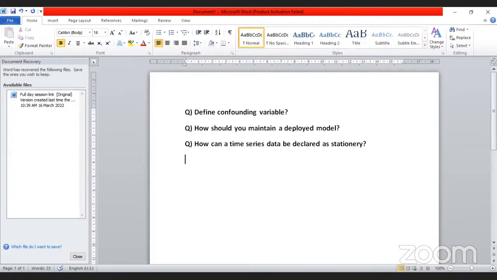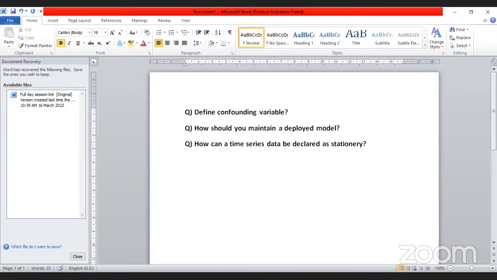Whenever they are not constant, the data is not stationary. To apply a time series model, we always want our data to be stationary. If it is not, we have to make it stationary. We can't apply a model directly on data that is not stationary.